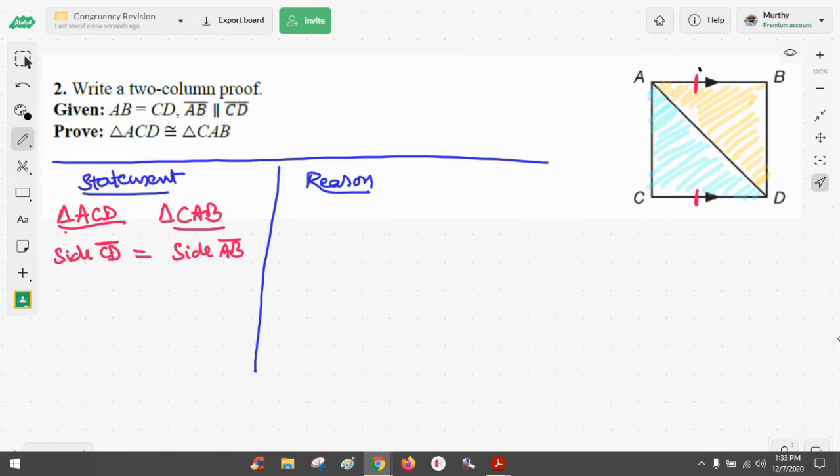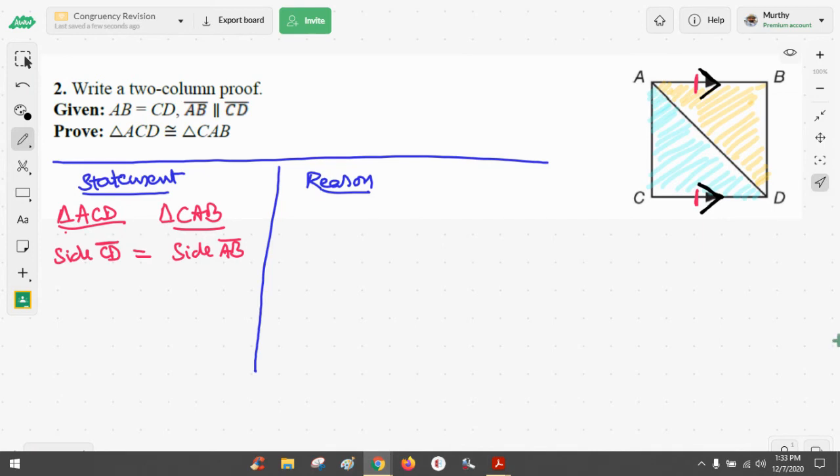But I see an arrow mark here. These arrow marks are indicating that line segment AB is parallel to CD. These arrow marks are indicating that the sides are parallel. Now let me think of parallel lines.